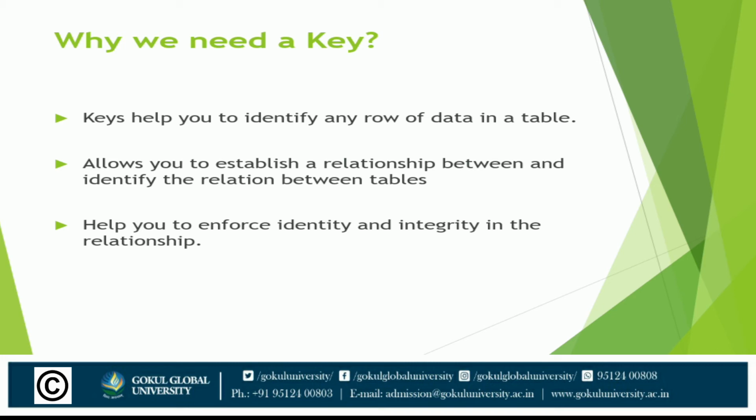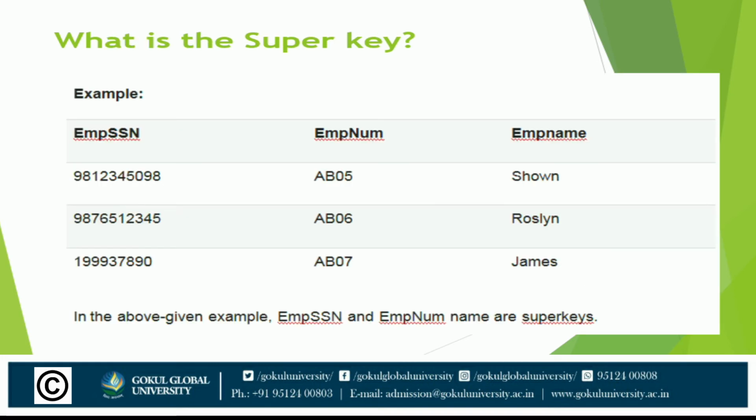Various keys in a database management system. There are a number of keys we are using in a database management system. Super key. A super key is a group of single or multiple keys which identifies rows in a table.